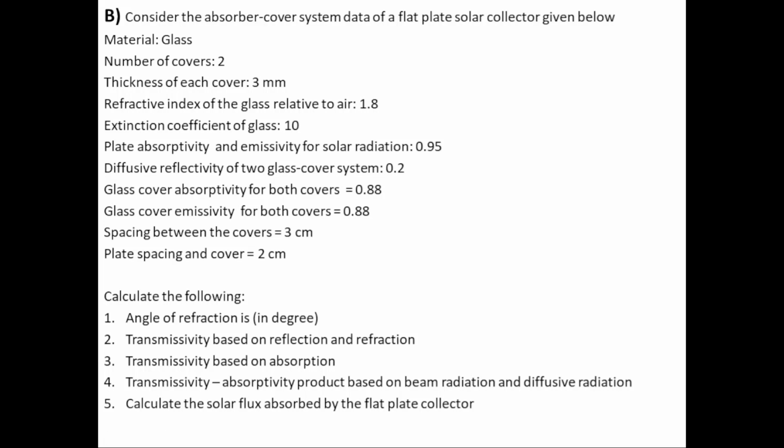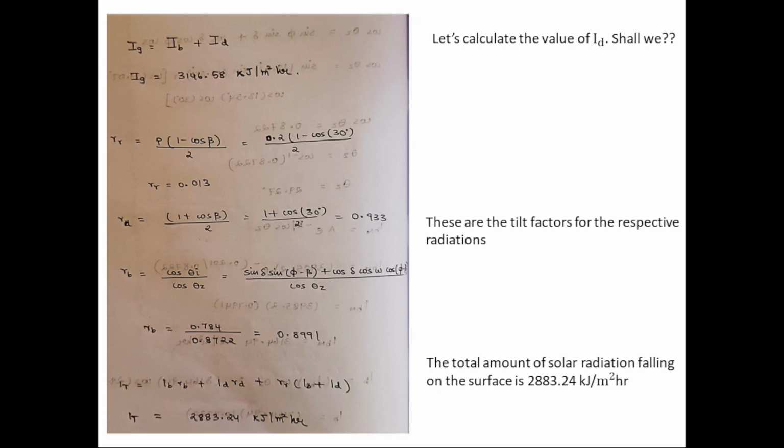After calculating the refraction angle, the beam radiation is now going to pass through the air that is filled between your glass and the absorber plate. So we calculated the two polarization components due to reflection and refraction, rho 1 and rho 2, and then the transmissivity due to reflection and refraction components, tau r1 and tau r2.